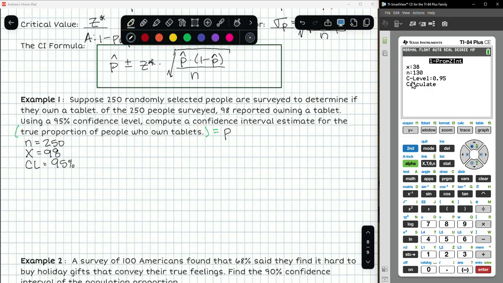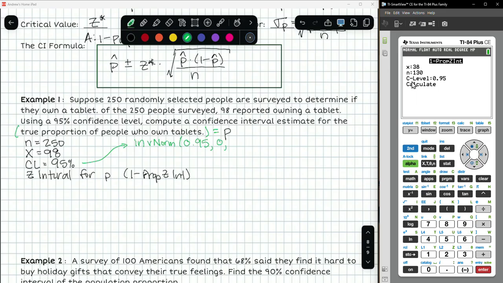Because this is a Z interval for a proportion, a 1 prop Z int, I know that I'm using inverse norm to find this guy. So I'm going to inverse norm, and it's going to ask me for the area, which is going to be 0.95.